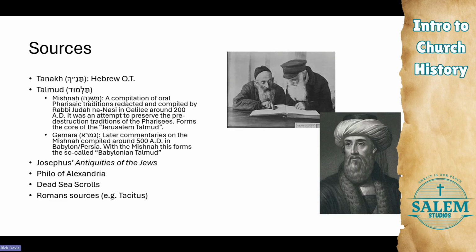And so you may hear about the Jerusalem Talmud, the Talmud Yerushalmi, and then the Talmud Babli, which is the Babylonian Talmud. So these contain numerous historical references, teachings of rabbis, great sayings, stories that are sort of extra biblical traditions that were preserved for posterity by these Jewish rabbis. And so there is a lot in the Talmud.